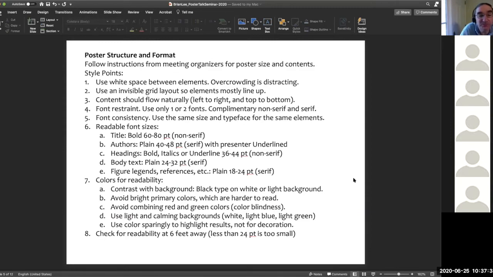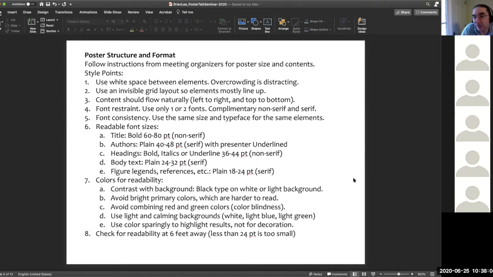Next point is consistency in the fonts. Use the same type size and typeface for the same elements. When you get to the end of putting together a poster, which is usually a very arduous process, and you're bringing together things from all different files and pasting in different elements and everything, it's very easy to mix up font sizes and typefaces, bold and italics and all that.